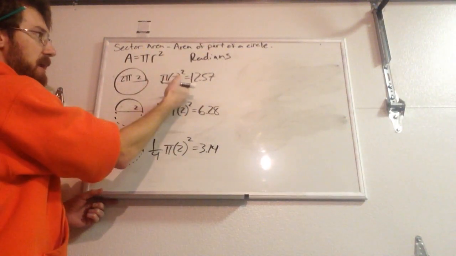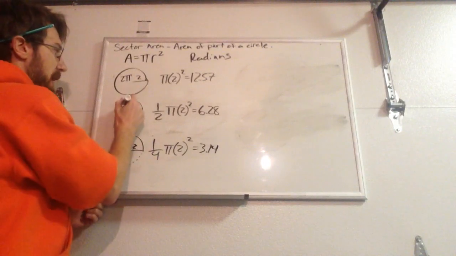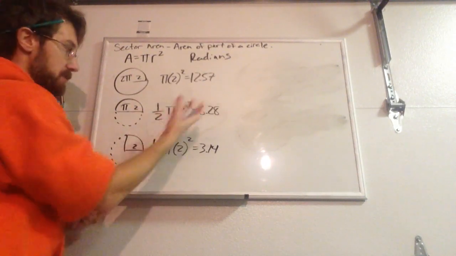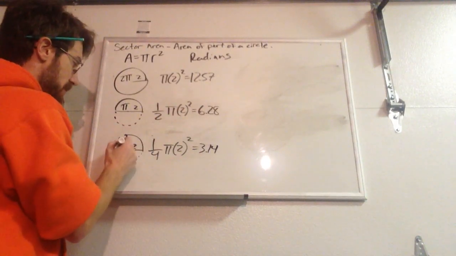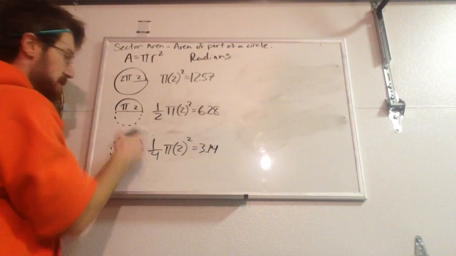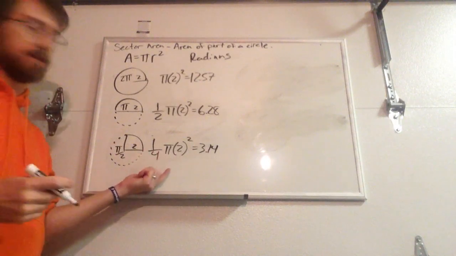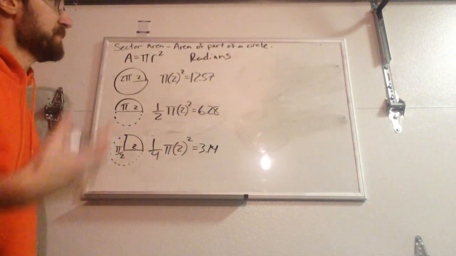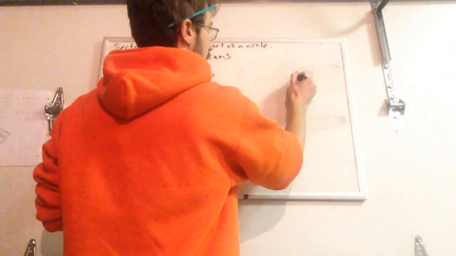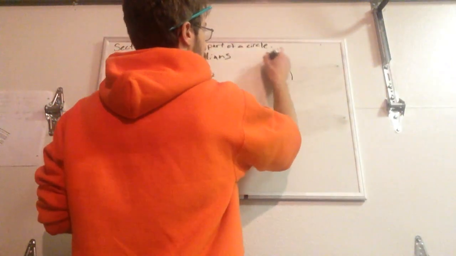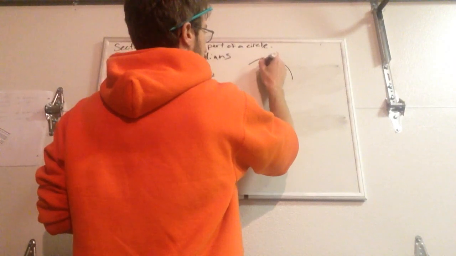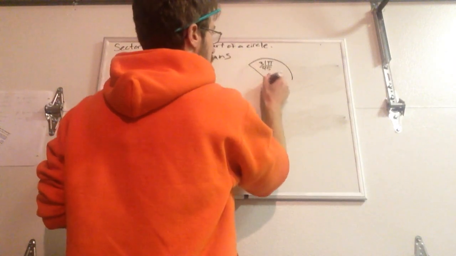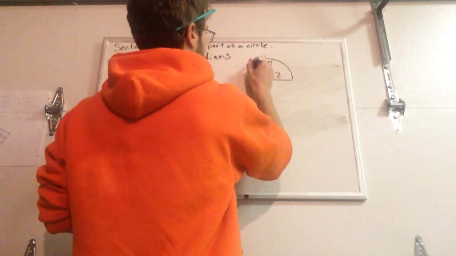It's still pi r squared. Our half circle is pi radians, still 1/2 of a circle, so it's still 1/2. And this one is going to be pi over 2 radians for the quarter circle, and it's still a quarter of a circle, so it's 1/4 times the area. Let's take a look again at 31 pi over 45 radians, but now with a radius of 2.